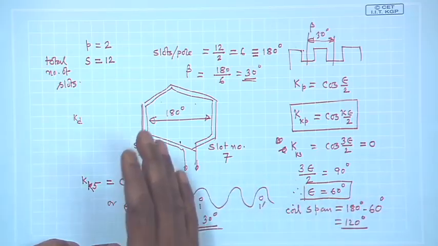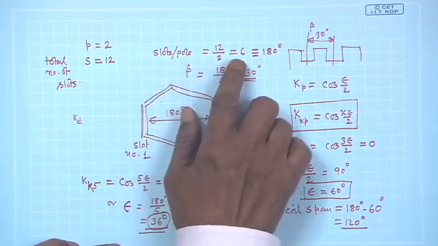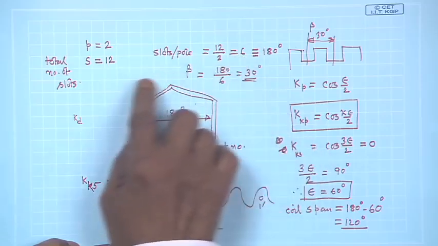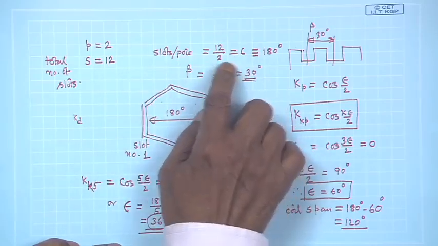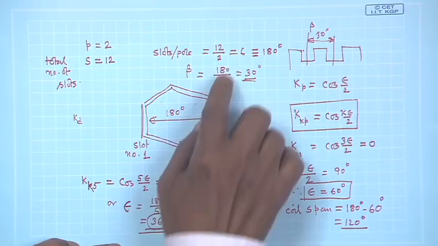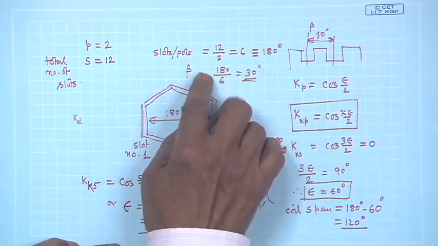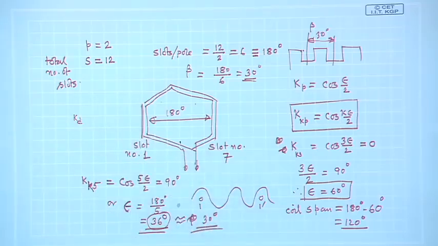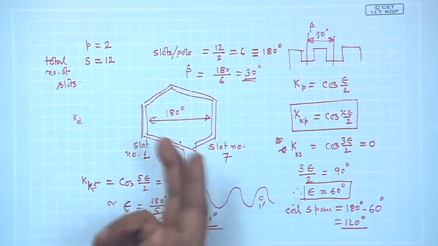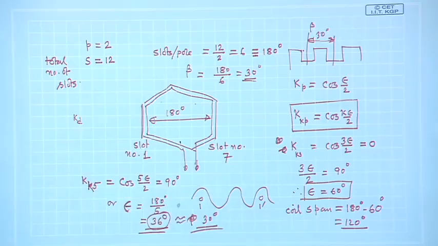So, if slots per pole is 6, a full pitched coil means 1 to 7, I will place the return conductor not at 7, but at 5. Then it will be a short pitched coil, reduced by 2 slots.